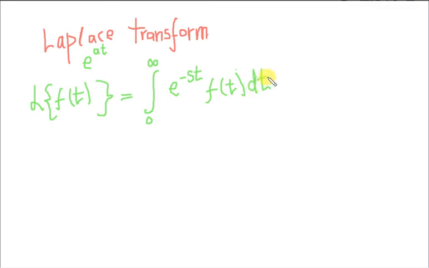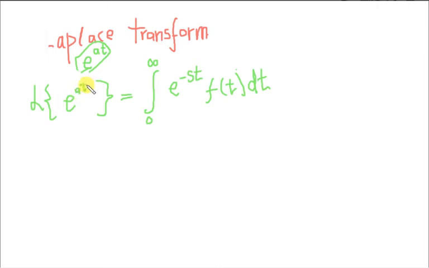Okay, so in order to find the Laplace transform of e power at, here we shall write the Laplace transform of e power at.